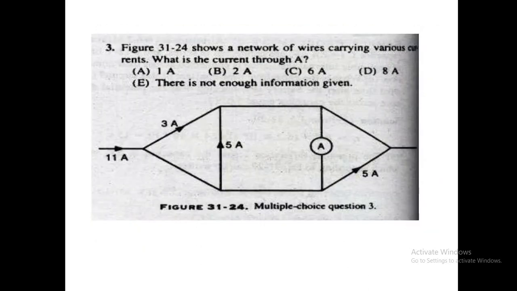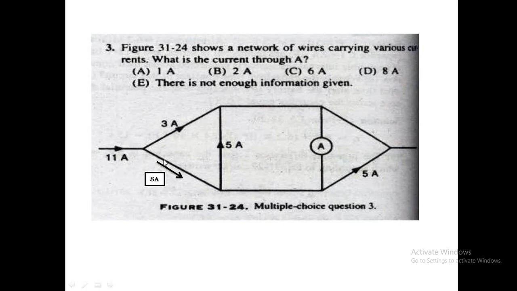Question number 3. We also have a figure that shows a network of wires carrying various currents. What is the current that is passing through this point A? The options are 1 ampere, 2 ampere, 6 ampere, 8 amperes, or there is not enough information given in the question. So consider the junction rule. If 11 ampere is entering this point, 3 ampere is there.